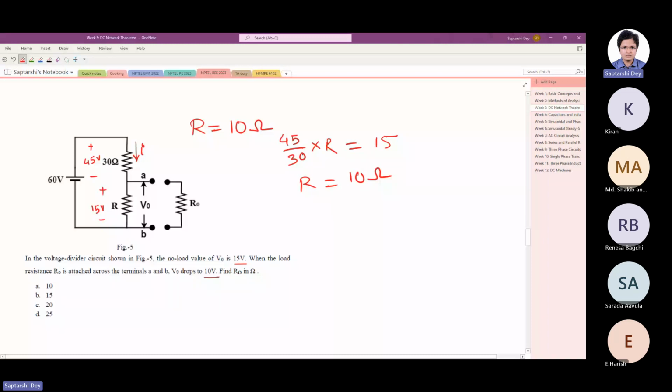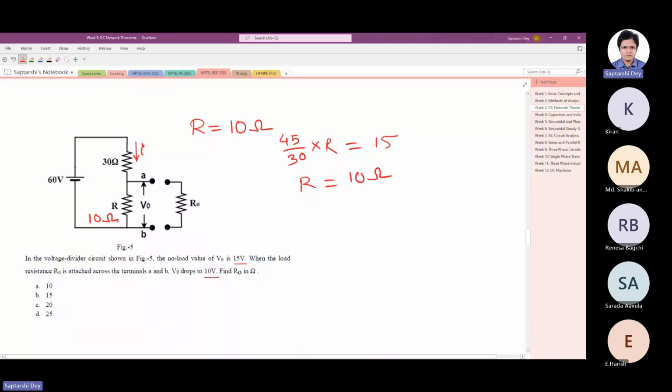So basically the potential divider is now in a situation that the upper resistance is 30 ohm, the voltage is 45, and this one is 10 ohm with 15 volt.